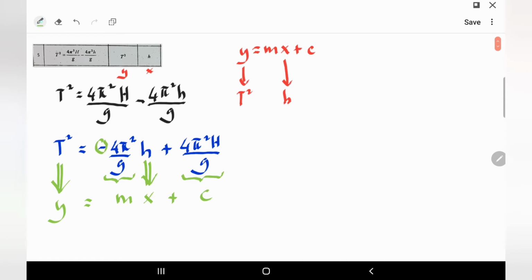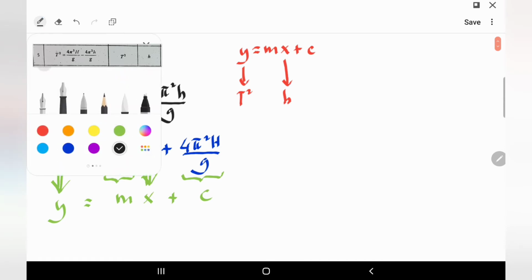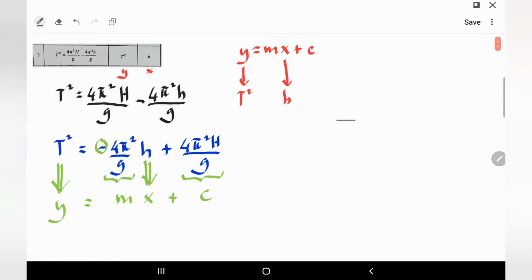So based on that, the graph should be like this. This is the graph of t squared against h. Now the gradient is negative and the y-intercept represents something positive, isn't it? So the graph just looks like this.